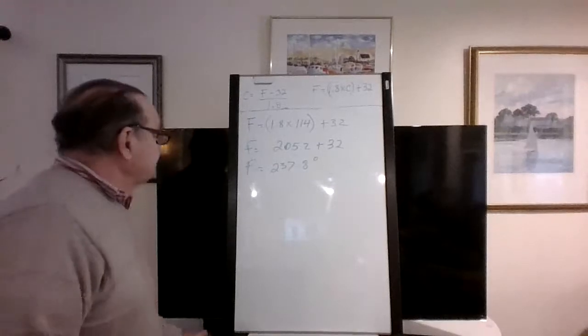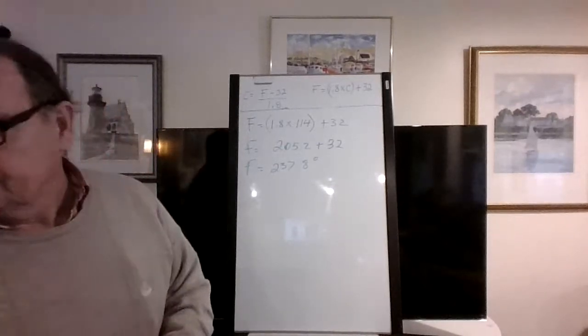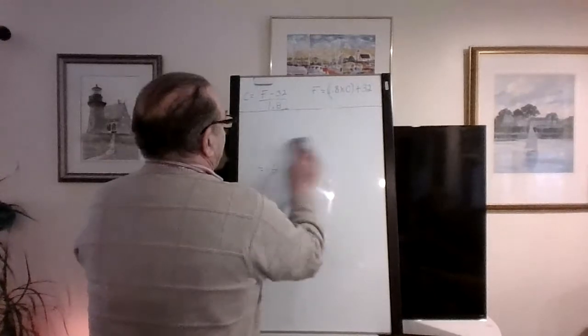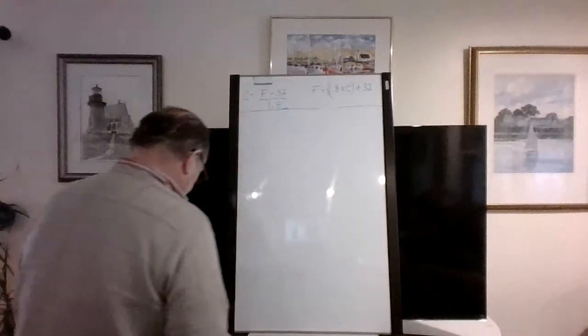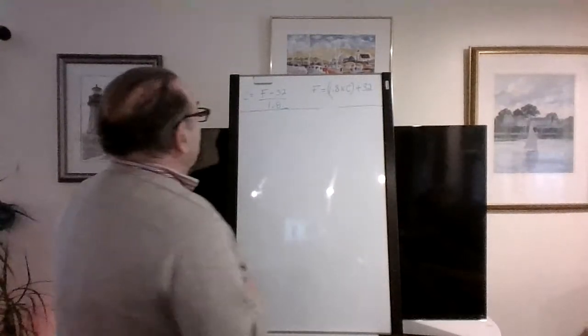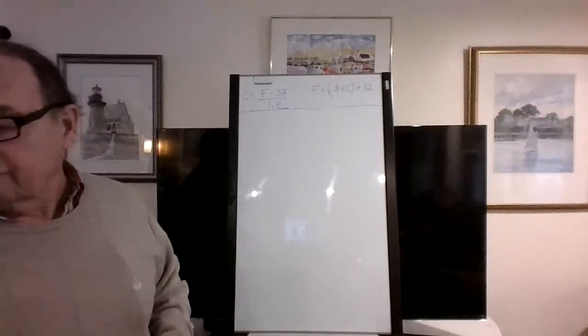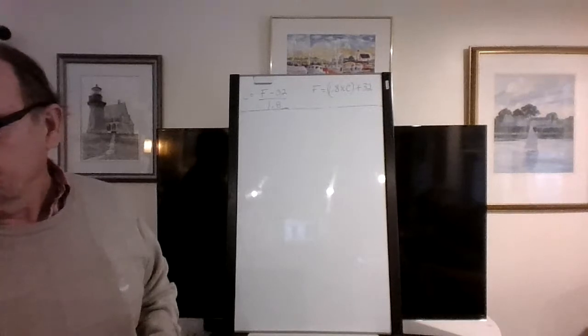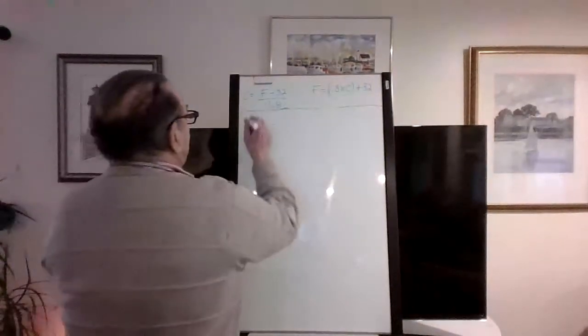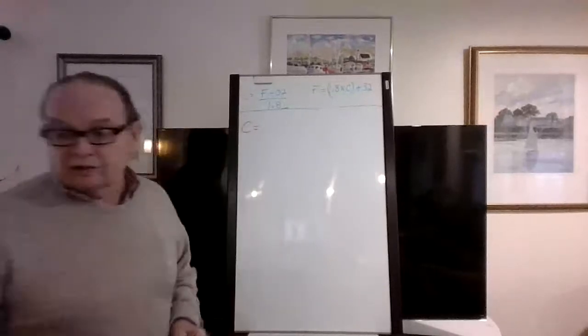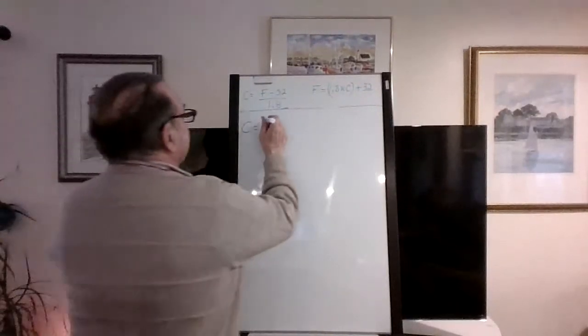Okay, number 10. We're switching over to the other formula. So number 10 is, if F equals 75, find C. All right, so we use this one. C equals F, which in this case is 75.